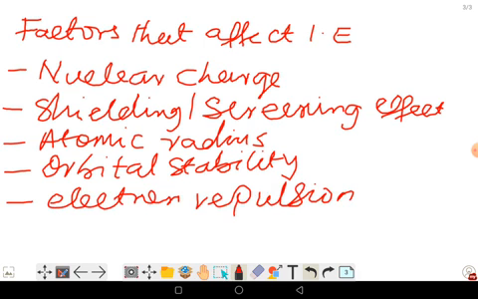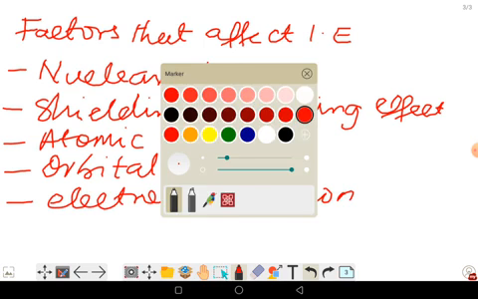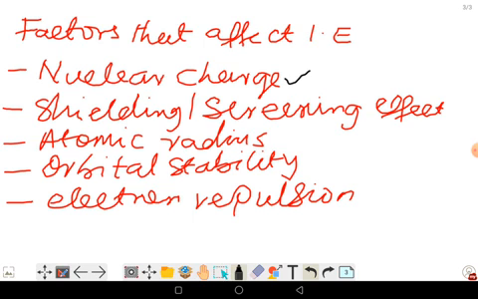We all know nuclear charge is the same thing as the number of protons. The higher the nuclear charge, the higher the ionization energy. So when you are comparing two or more atoms on ionization energy, nuclear charge is a very important factor, all other factors remaining constant.